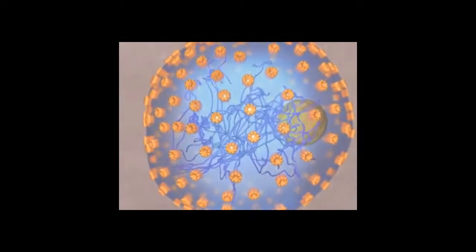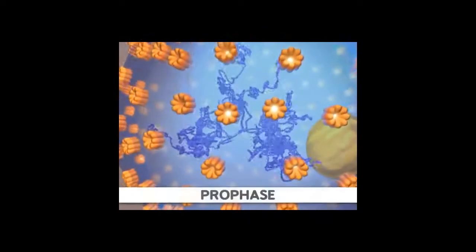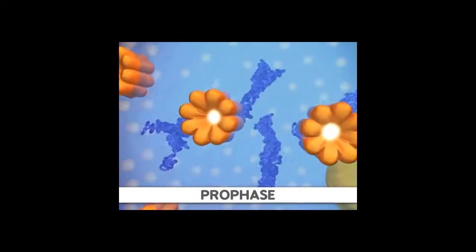During the first stage of mitosis, called prophase, we first see the classic chromosome structure.